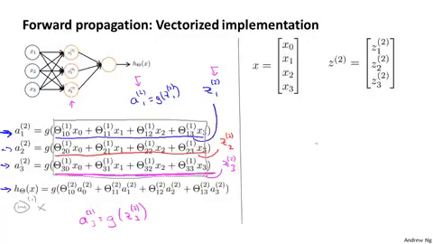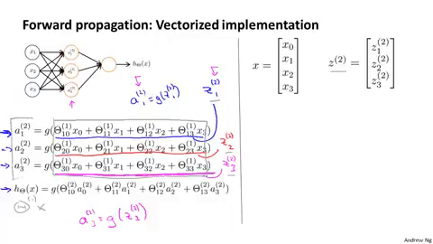Concretely, let's define the feature vector x as usual to be the vector of x0, x1, x2, x3, where x0 as usual is always equal to 1. And let's define z2 to be the vector of these z values of z21, z22, z23. Notice that this z2 is a three-dimensional vector.